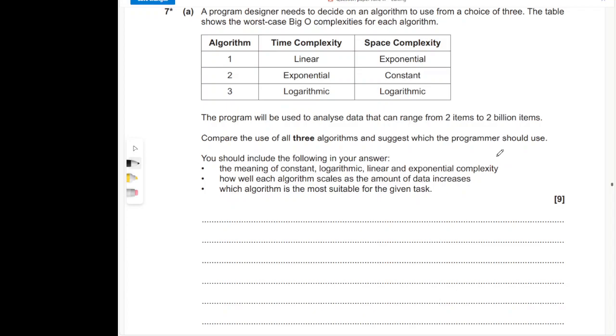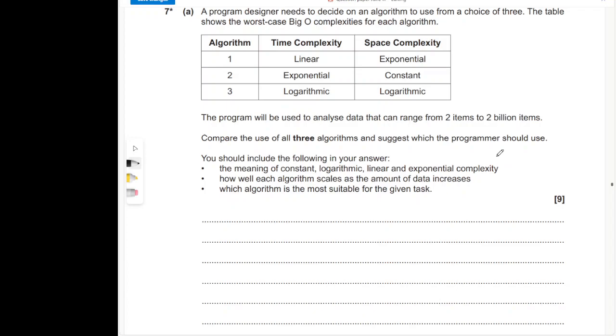Space complexity, yes, it's going to require more memory, but after that initial increase in the space required, the space elements are not going to be massively increasing. Again, we don't actually know what the actual metrics are.